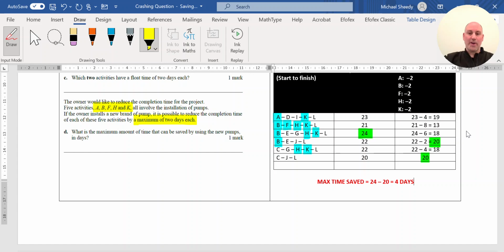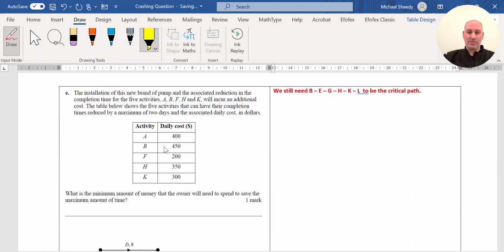What reductions would I need to do to save the 4 days? That's what this question is asking. What reductions should I actually do, and then how much will it cost? Once I'm able to identify the reductions, I will need to find the cost using the table listed here.